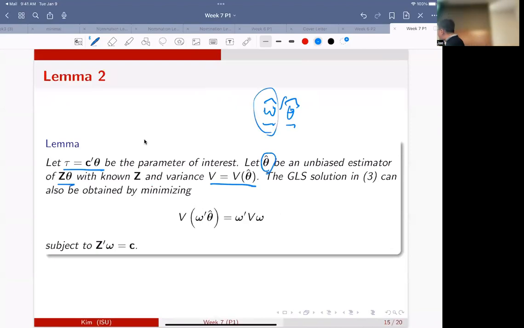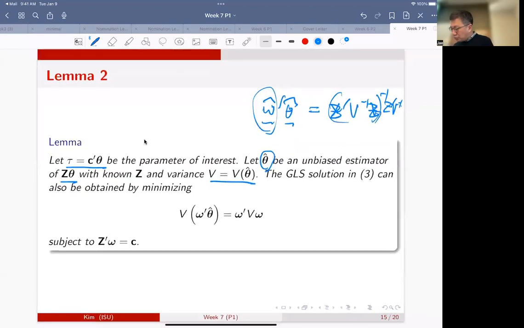So how do we compute it? Previously we used the GLS formula, G prime V inverse G inverse G prime V inverse, right? But if you use this formula, it involves a lot of matrix algebra.